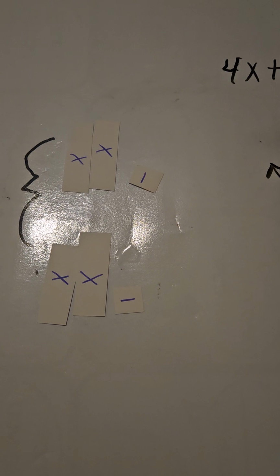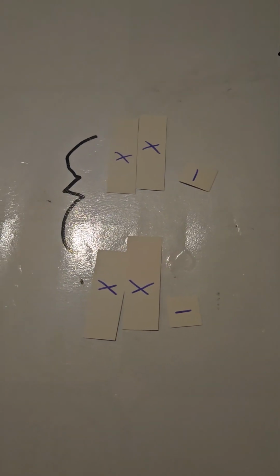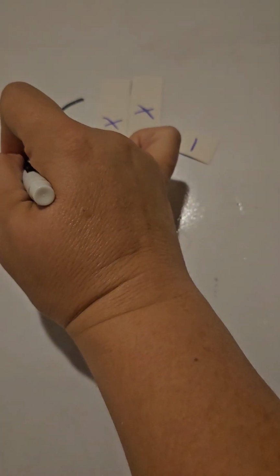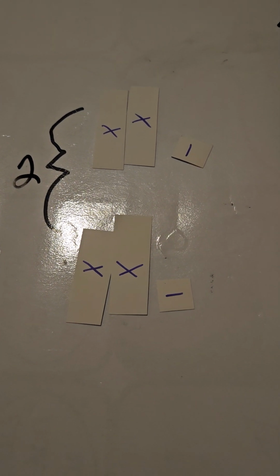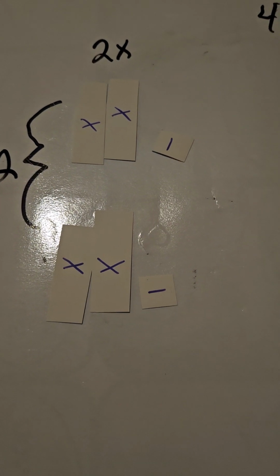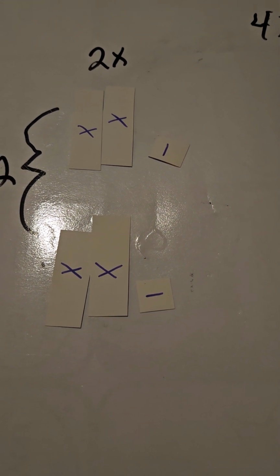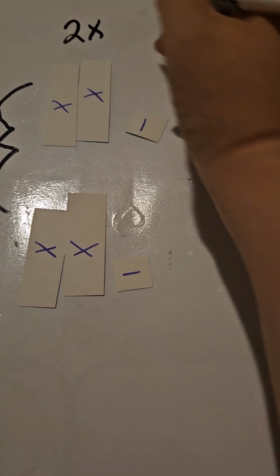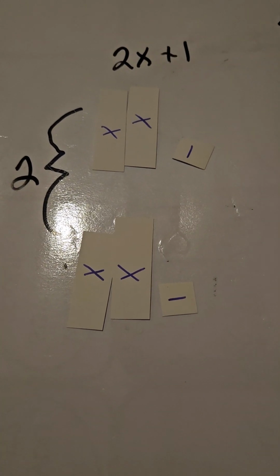So now I've got to write out my factored form of the expression. Remember, my factor is how many rows I have. I have 2 rows. And what is in each row? I have 2 x's. And again, I don't write that as an exponent of 2. I write the 2 in front plus 1.